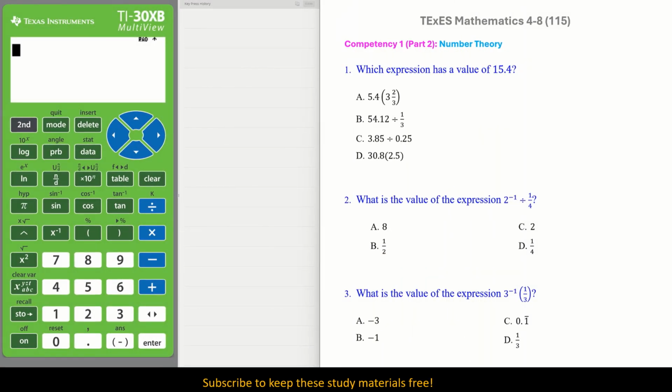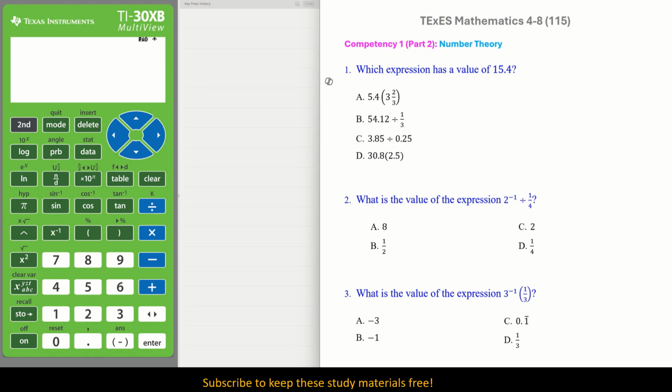Number 1, which expression has a value of 15.4? The best way to do this is to simply put each of these in the calculator and see which one ends up as 15.4. However, we can look at some of these first. I would say A might work because 5 times 3 is 15, so I'm going to leave that one.